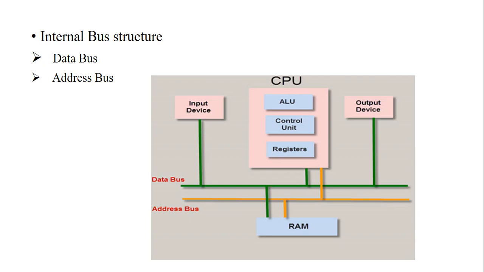Data buses are bidirectional. You can carry data from an input device to the microcontroller, or process data from the microcontroller to output. If I want to store data on external memory, I use the data bus.